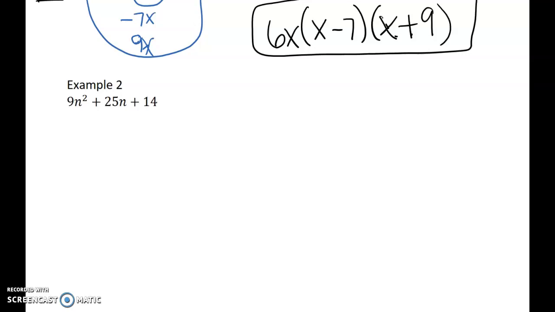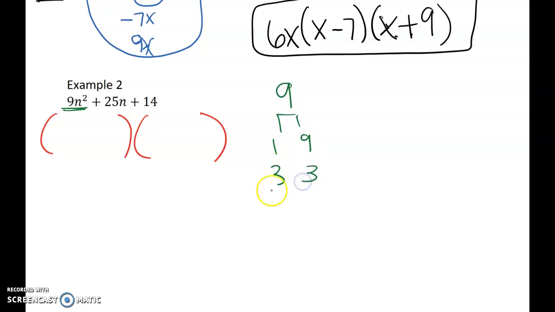Step 2, we go to breaking down the first and last term. So our first term here, what multiplies to 9 is 1 and 9 and 3 and 3. And so I'm going to try 3 and 3. So it's not just 3 and 3, but it's 3n times 3n because it has to multiply to n squared, right?